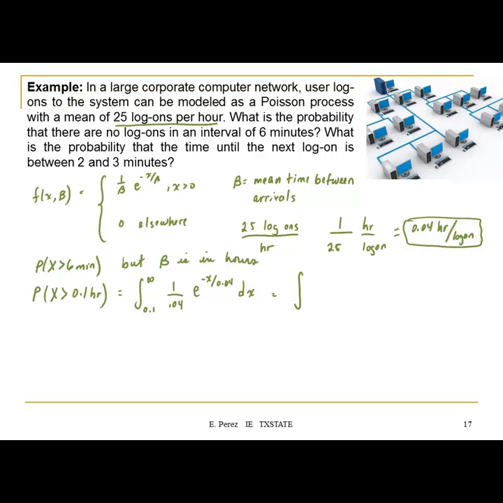This is equal to the integral from 0.1 to infinity of 25 e to the minus 25x dx, and that probability equals 0.082, which is about 8%. So the probability of having no logons in an interval of 6 minutes is about 8%.